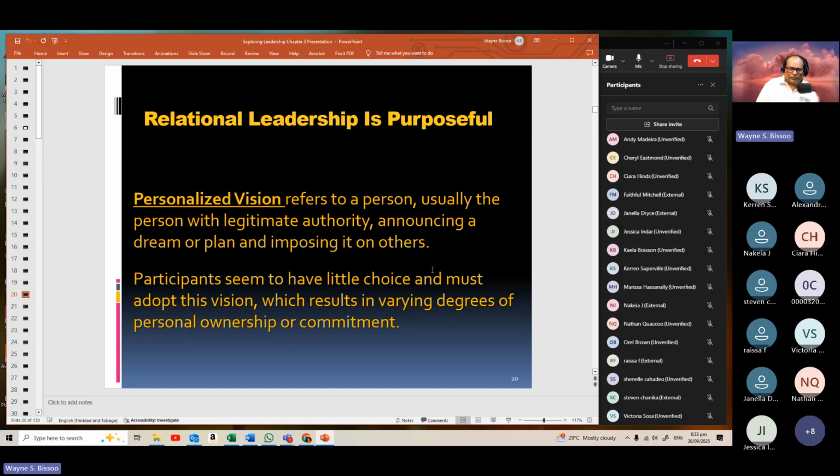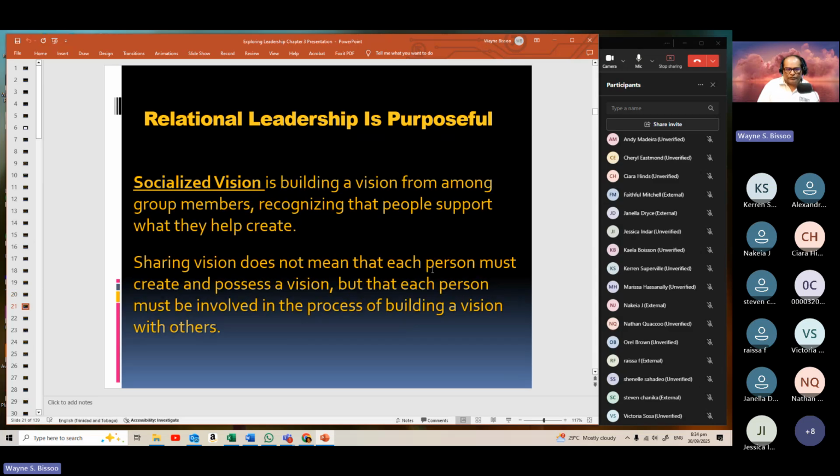Because the organization was built upon a personal vision of the father, it couldn't survive the test of time, because it lacked the support and shared vision that a socialized vision would have carried.